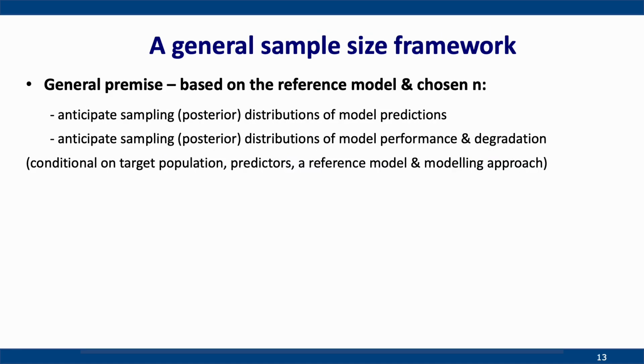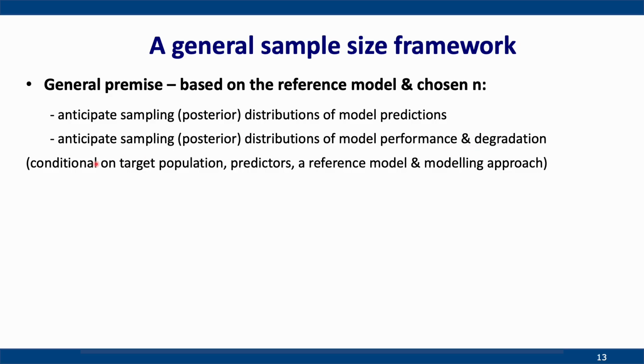So our general sample size framework is based on the reference model and the chosen sample size. What we're going to be doing is trying to anticipate sampling or posterior distributions of model predictions, which are then going to lead to anticipated sampling distributions of model performance and degradation.